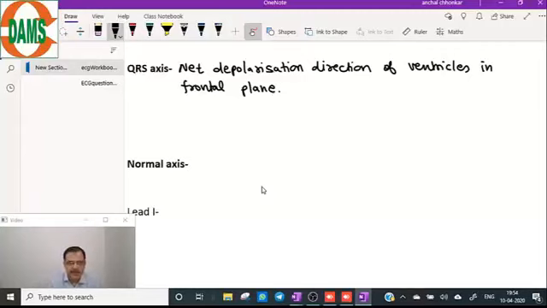Now coming to this important concept of the QRS axis: it is basically a net depolarization direction of the ventricles in a frontal plane, because our left ventricle is depolarizing towards the left lower leg and the right ventricle is depolarizing towards the right lower leg. So both ventricles are depolarizing in their directions, so we have to take a net.